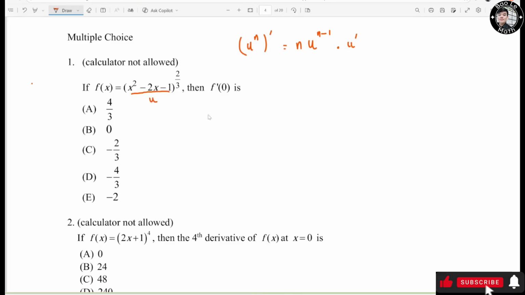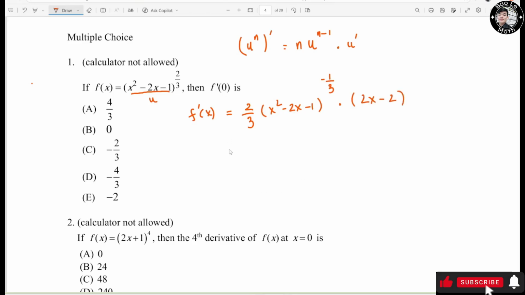So we have f prime of s equals 2 over 3 times s squared minus 2s minus 1 raised to the 2 over 3 minus 1, which is negative 1 over 3, times u prime, which is 2s minus 2.